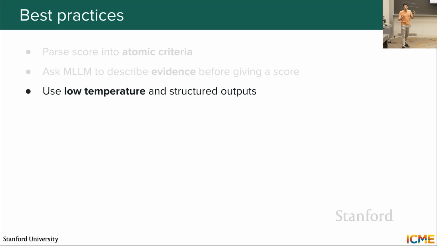Something else is that with LLMs, you have this temperature parameter that controls how creative and how deterministic versus stochastic your output gets. And typically, when you use chatbots, these are not set to 0.